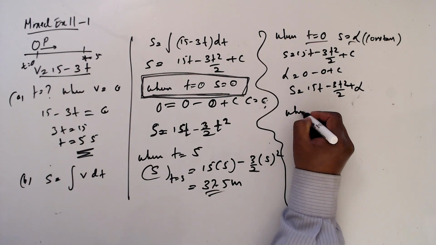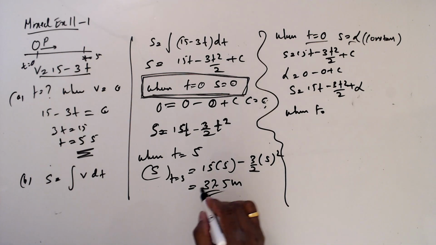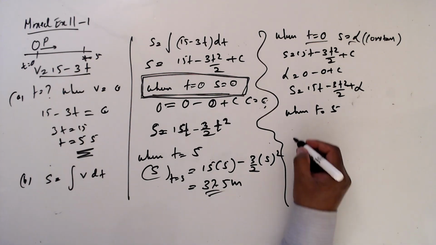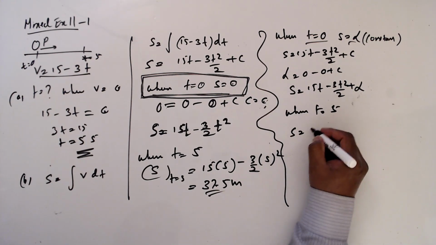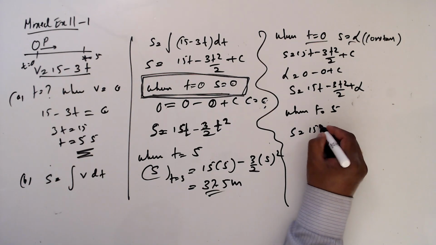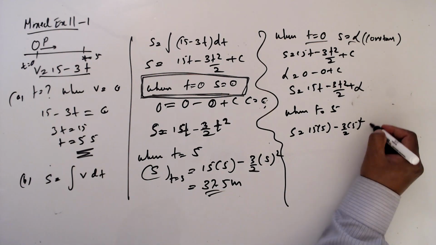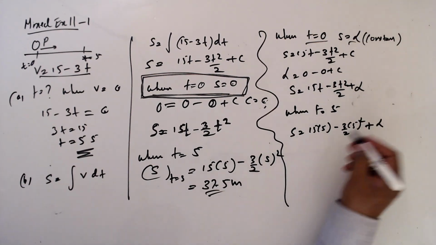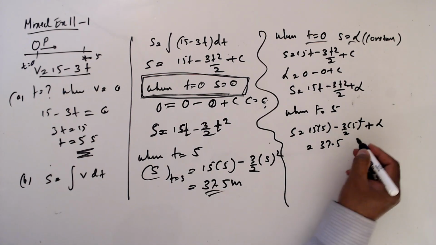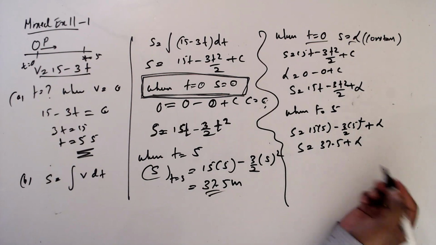Now when t equal 5, we get s equal 15 times 5 minus 3 over 2 times 5 square plus alpha. This is going to be 37.5 plus alpha.